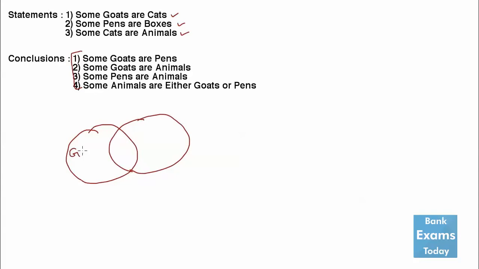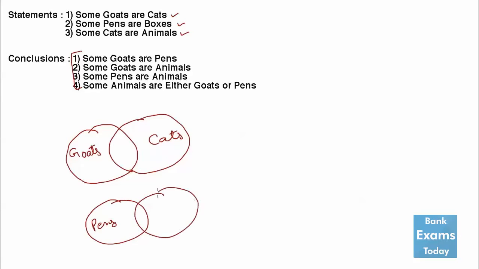Some of the goats are cats. That means a part of goats and a part of cats. A part of goats are cats and a part of cats are goats. And some pens are boxes. Then some pens are boxes. Some cats are animals.